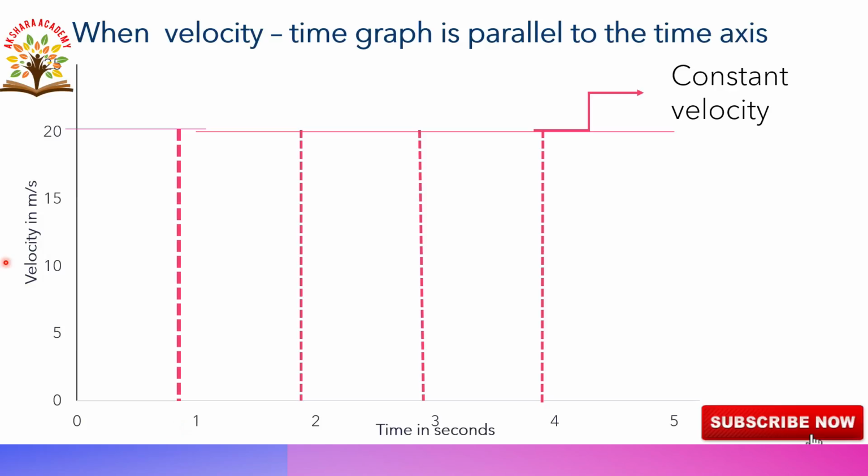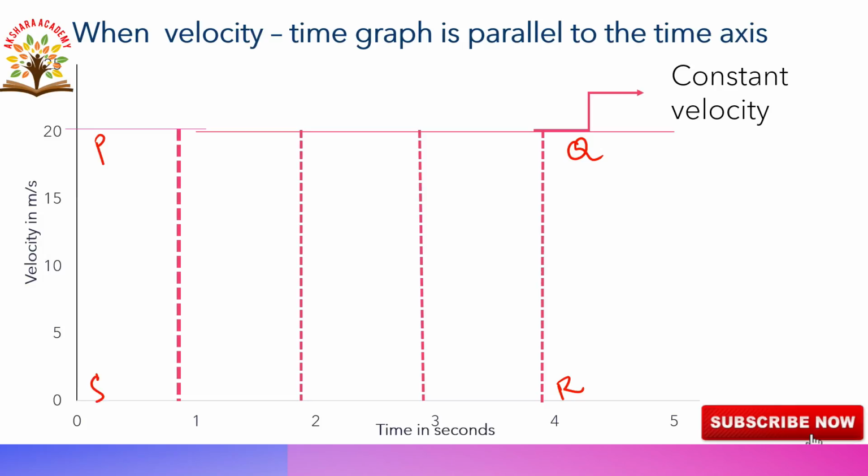Let us consider the origin as P, and for example this point is Q and this is R, and this point is S. So the distance covered in a specific direction, that is displacement, is equal to the area of the rectangle PQRS.